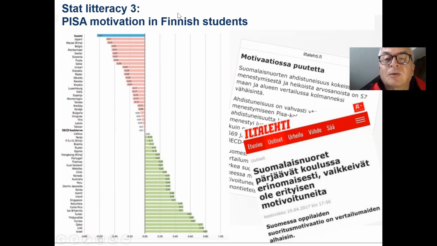And so even if you don't read Finnish, there are problems with the Finnish students' motivation, and the Finnish students do well at school, so get excellent knowledge and skills, even though they are not very motivated, says the press.